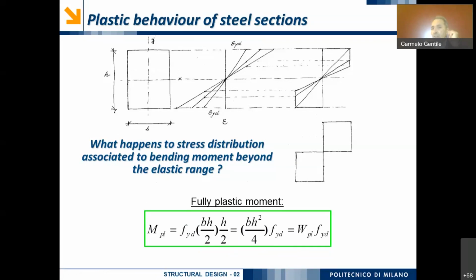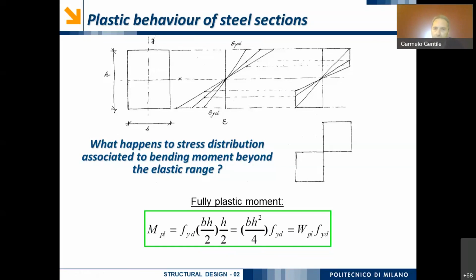And so, also the fully plastic moment might be expressed as the product of a final stress times a value which is homogeneous with a length elevated at 3. So that's quantity WPL, but also WL, only depends on the geometry of the cross-section, on the geometric dimension of the cross-section.